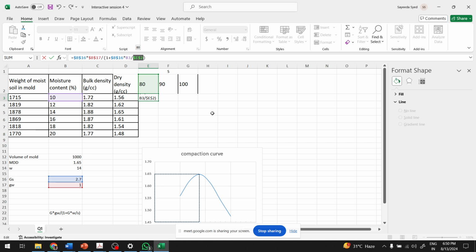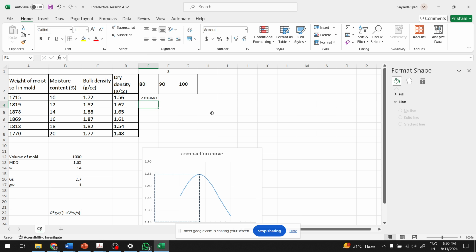G gamma W, 1 plus G W over S. Okay, let me write 0.8. This is 0.8. No, this is fine because water content is also in percentage, so it will cancel out.